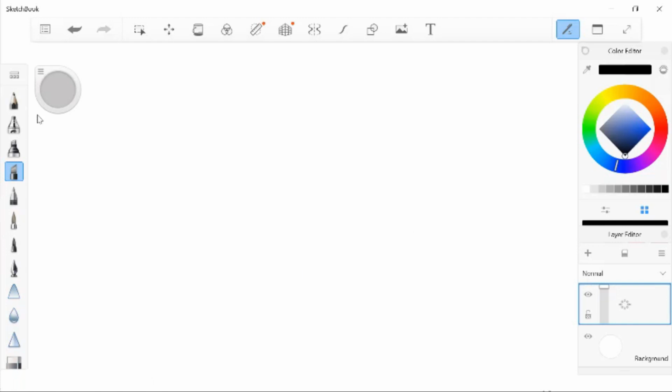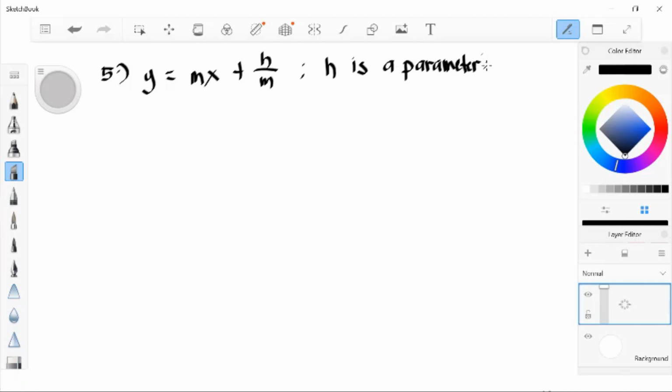For our fifth example, this would be y is equal to mx plus h over m, where h is a parameter. Meaning to say, our arbitrary constant will only be the letter m.